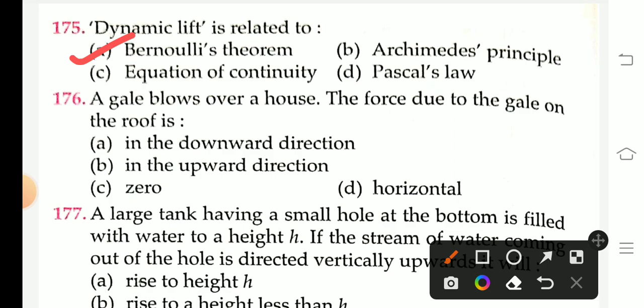A gale blows over a house. The force due to the gale on the roof is in the upward direction.